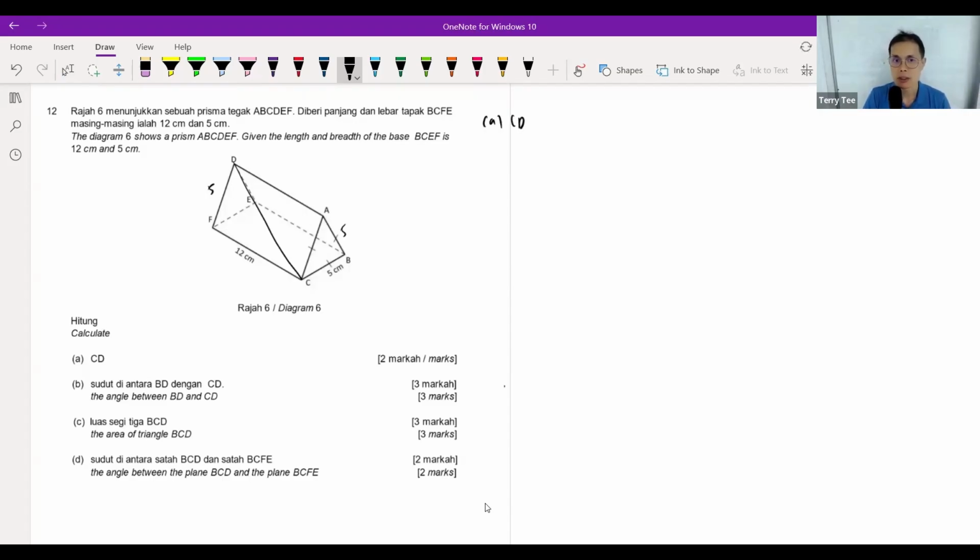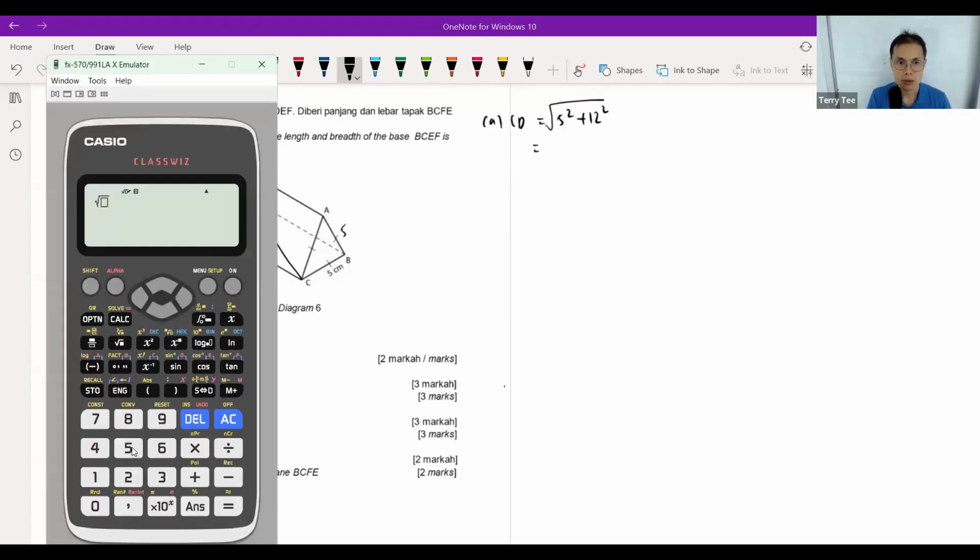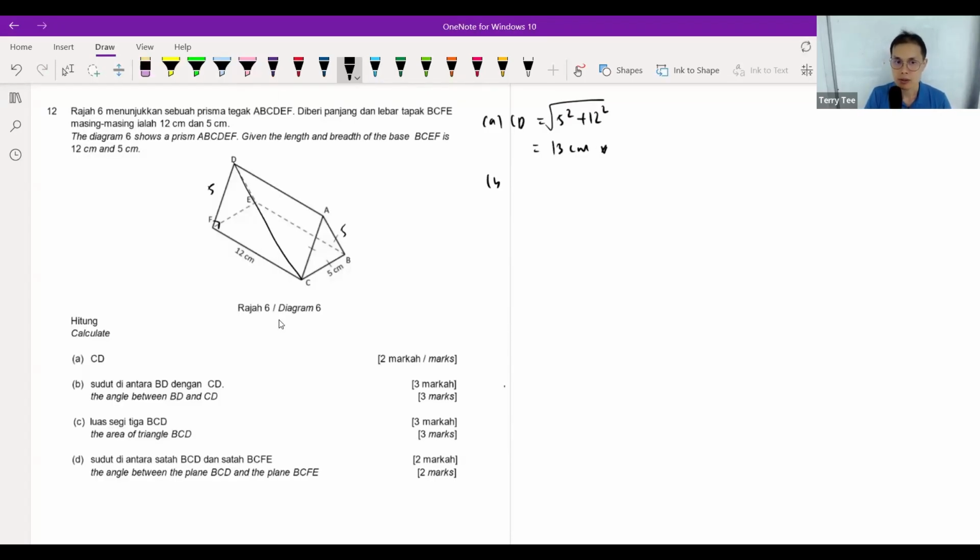CD will be the square root of 5 squared plus 12 squared, because this is a right angle, it's a prism. So the answer is going to be 13. You can use your calculator. So very simple, the length of CD is just 13.